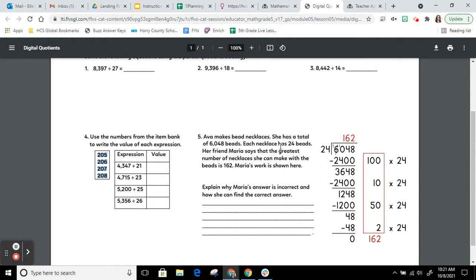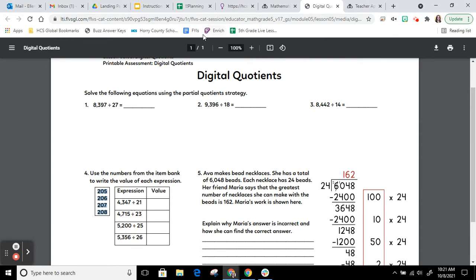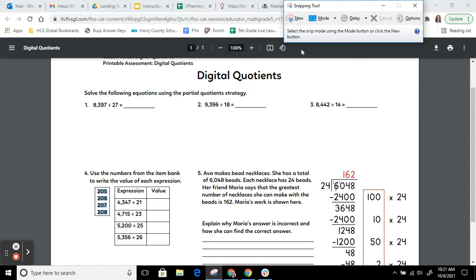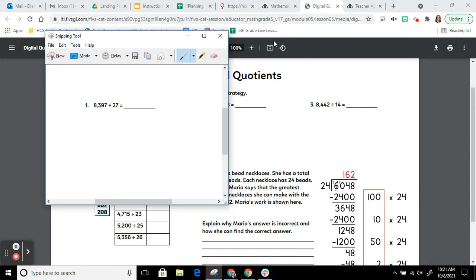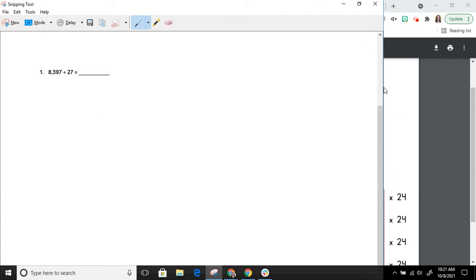So before I talk about number 5, let's do one of these example problems. So I'm going to do number 1 for you. You're going to use number 1 along with the models in the lesson to help you with 2, 3, and 4. And then we'll talk about number 5 after I do my modeling. So I'm going to go ahead and screenshot number 1. Make this a lot bigger for us.